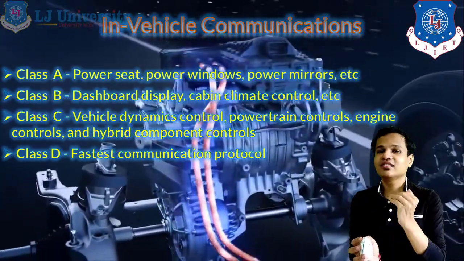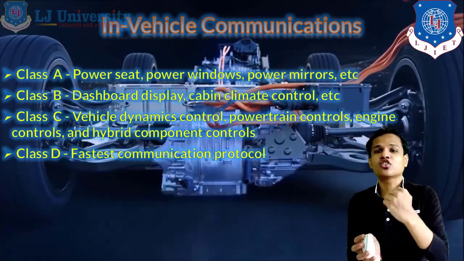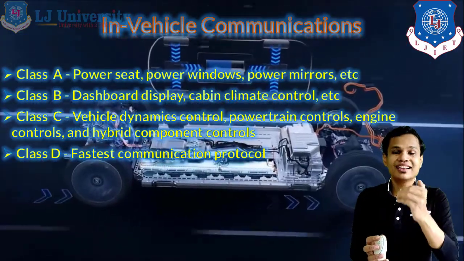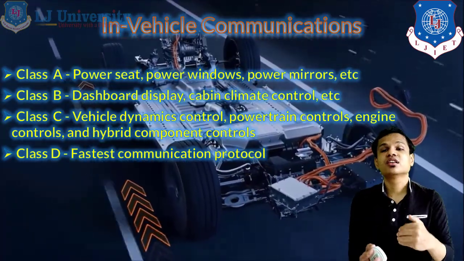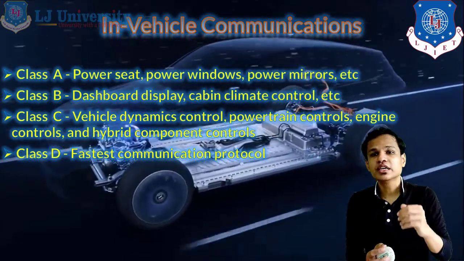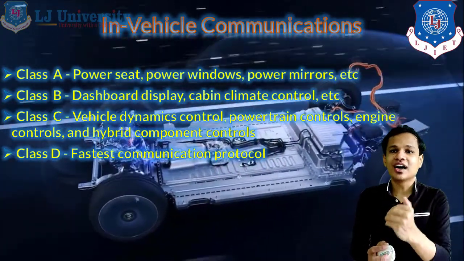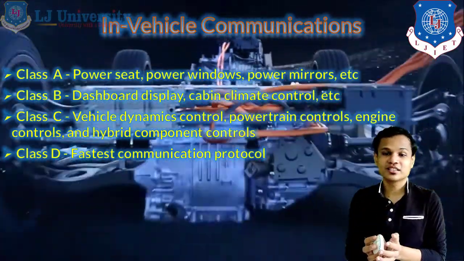And the last one is class D, that is the fastest communication protocol. It is actually a futuristic approach in which the fastest way will be defined and used in the component to get the fastest response to the input that we are getting from the sensors.